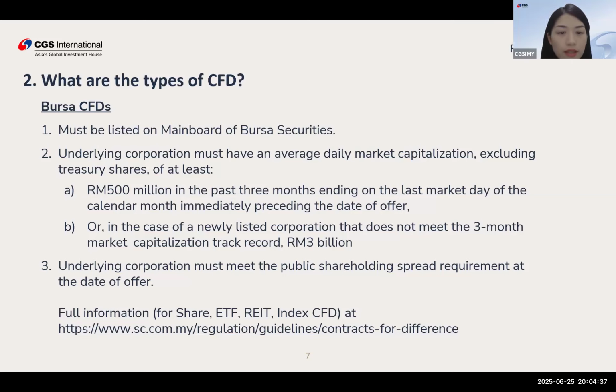In the case of a newly listed corporation that does not have 3 months of market cap, it has to be 3 billion. And then the underlying corporation must meet the public shareholding spread requirement at the date of offer.